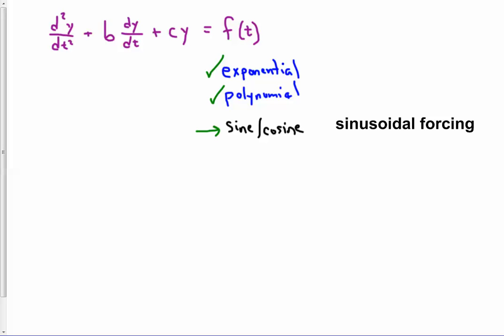Something that shakes back and forth is essentially applying an oscillatory or sinusoidal type force to whatever it's shaking. An example could be an earthquake tremor, a back and forth motion that would apply a force to, for example, a building or something like that.